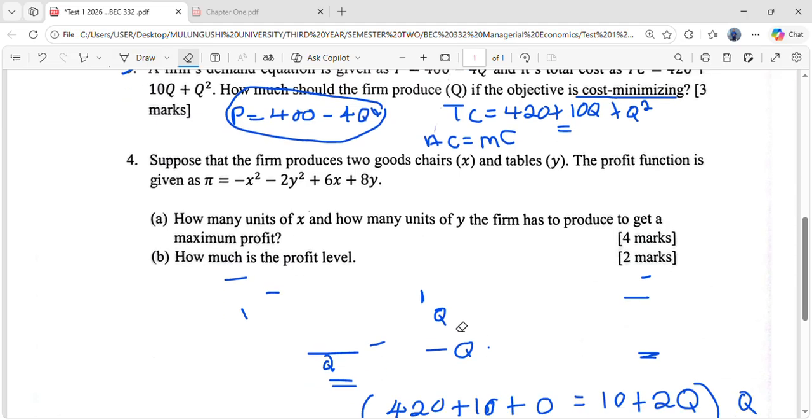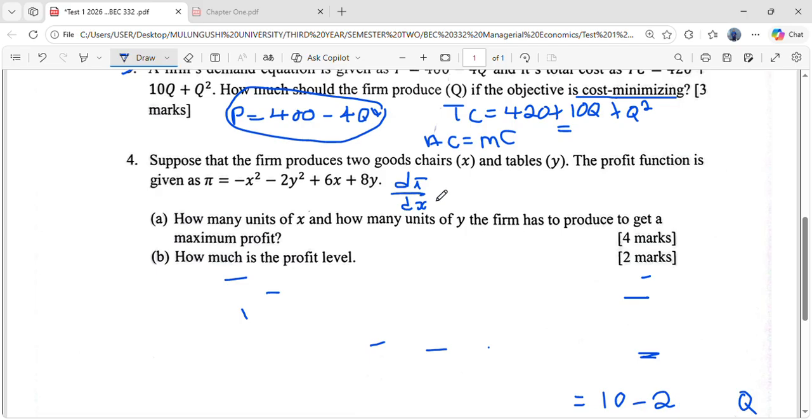So what do you do? You are going to apply what is called partial differentiation, where we have d pi over dx. Remember, in my previous video I also taught how to use partial differentiation.